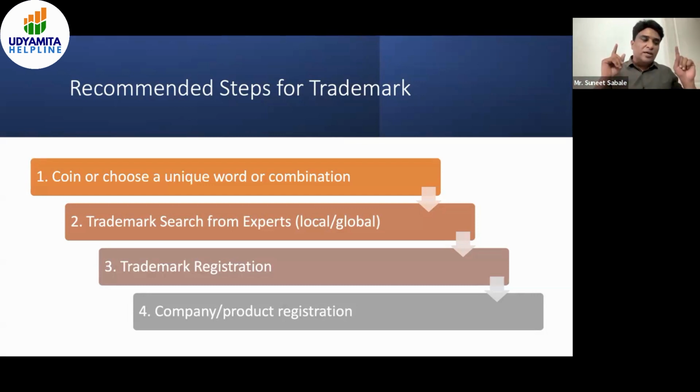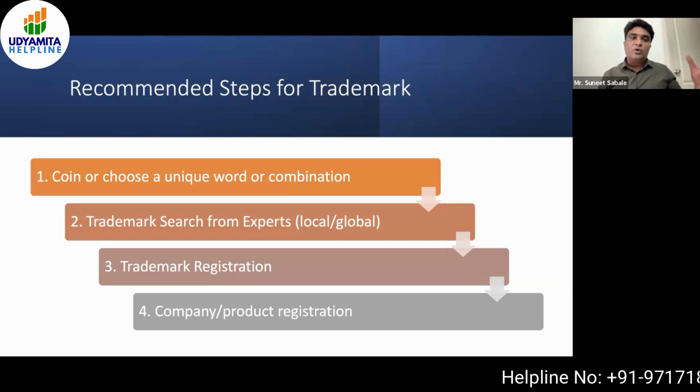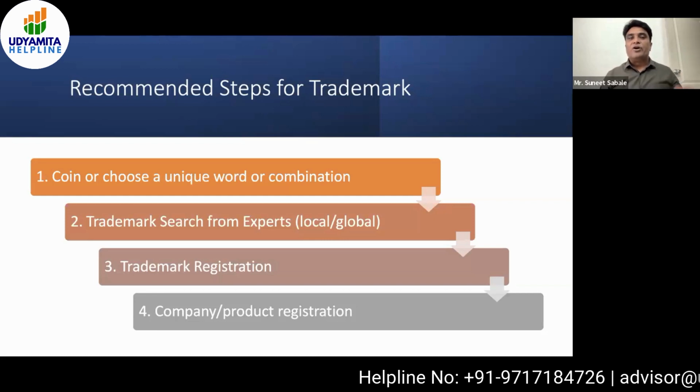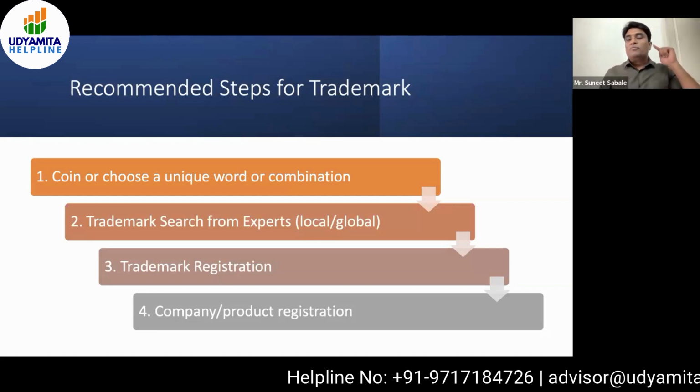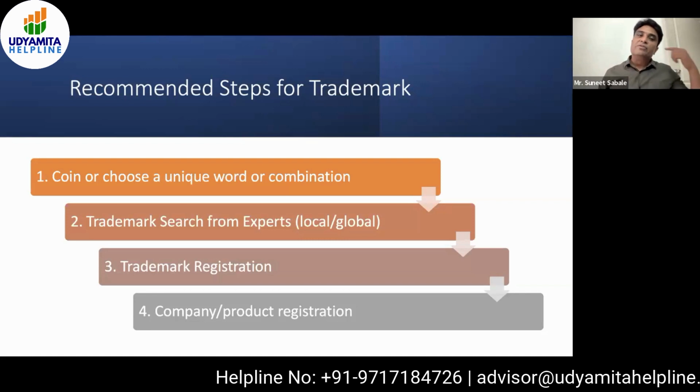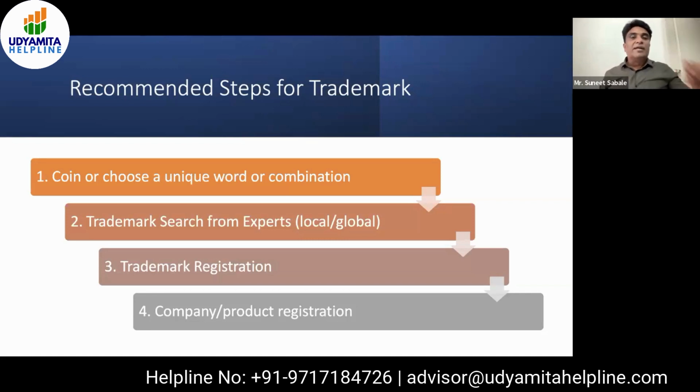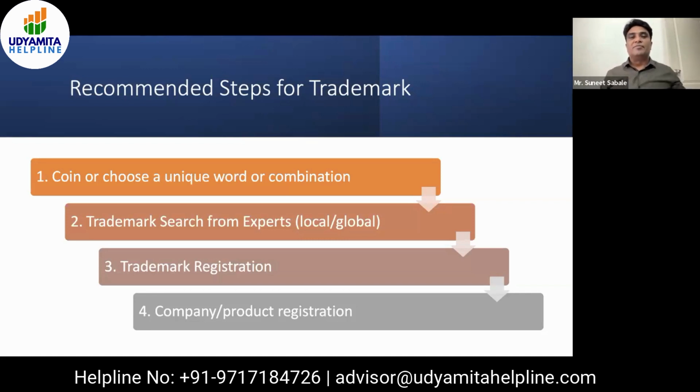Imagine you are an established business for 5 to 6 years or 10 years now, and then you get an infringement notice for someone's trademark which they were using before you. After 10 years, if there is a possibility that you lose this particular trademark, all your investment on marketing, all your investment on branding, will be wasted. And then you have to come up with a new mark and make it known to everyone again.